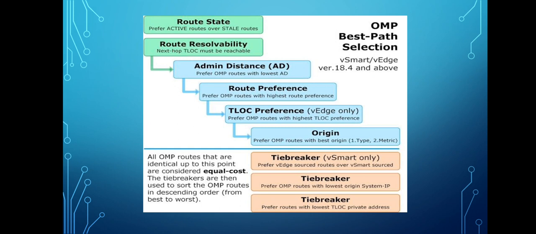So other than that, all OMP routes which are identical up to this point will be considered as equal cost. The tiebreakers are then used to sort the OMP routes in descending order from best to worst.